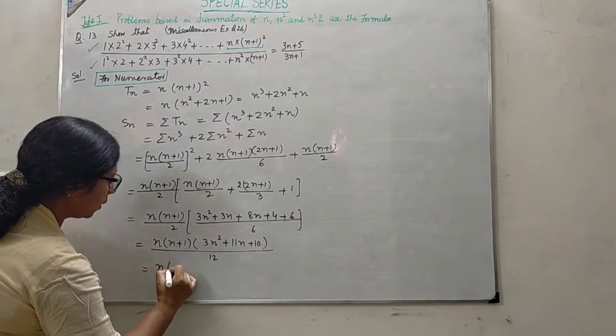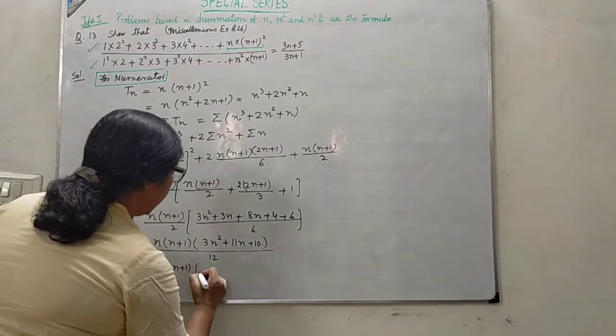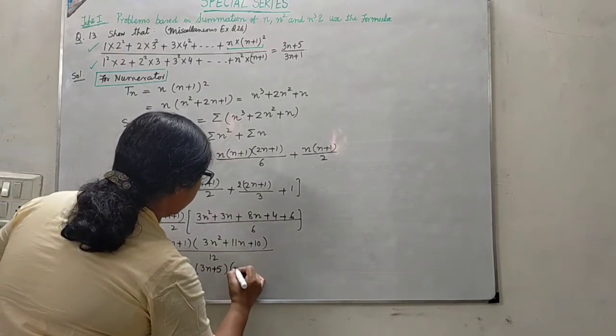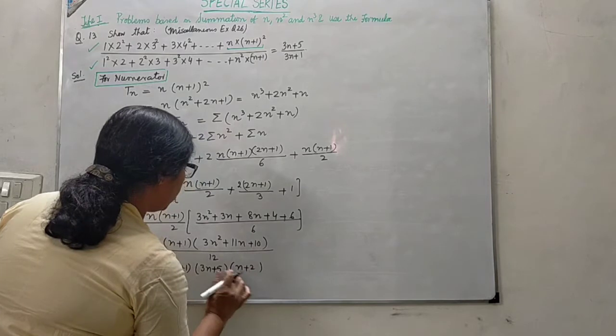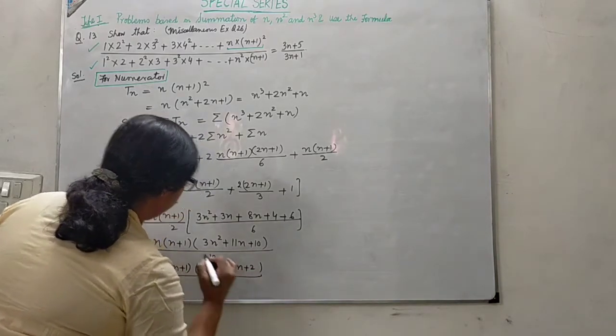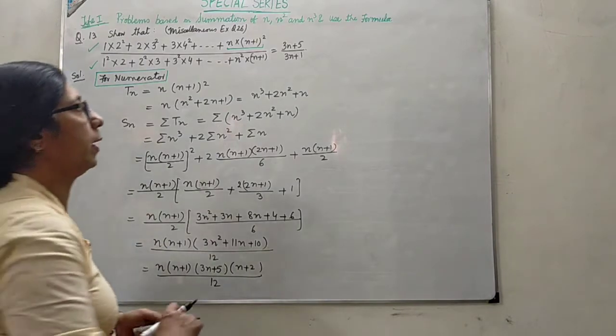And if I further split the middle term, I get 3n plus 5 into n plus 2, let me check, this is okay, by 12. This is your numerator Sn, which we have got in simplified form.